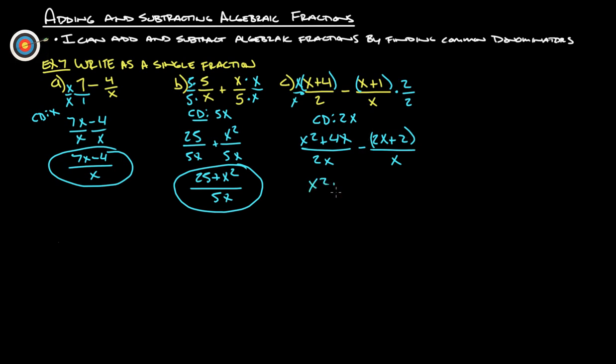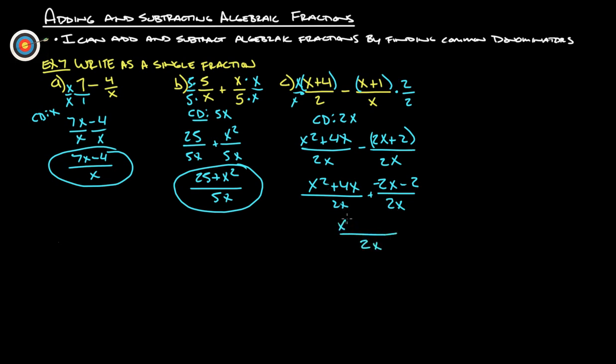So we have x squared plus 4x over 2x, and then plus negative 2x minus 2 all over 2x. Now we can combine the like terms in the numerator and write it all over 2x, the common denominator.